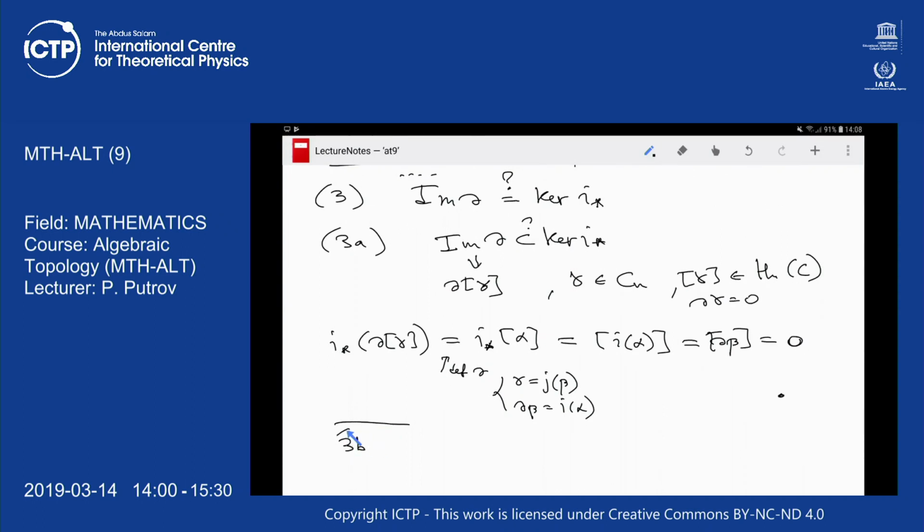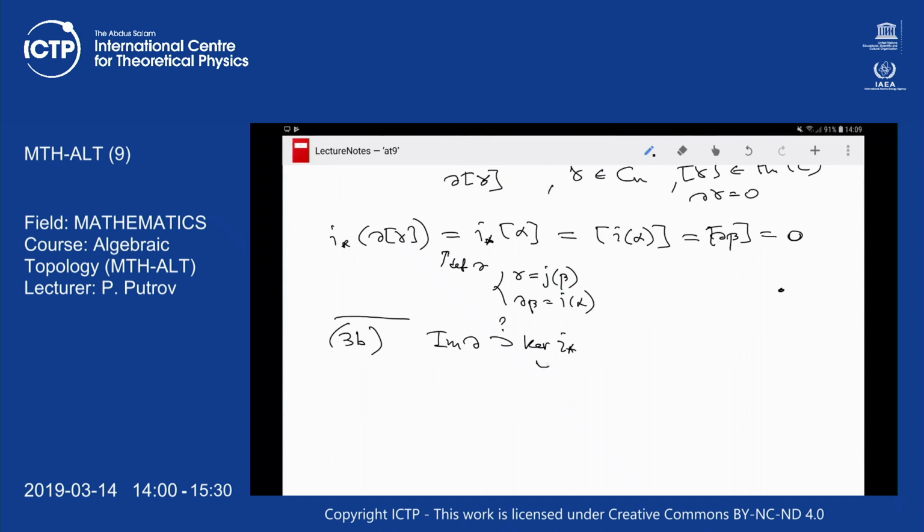Now we want to show the opposite inclusion, that the image of D contains the kernel of I star. So let me start with some element here. Alpha will be an element of An, and this will be an element of Hn of A itself. Since this is a representative of an element in homology, d of it should be 0.